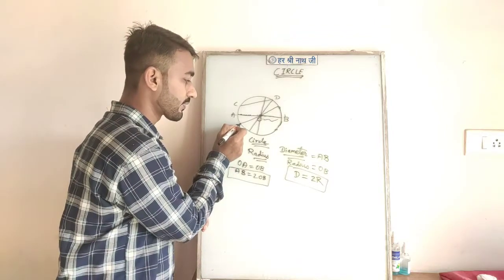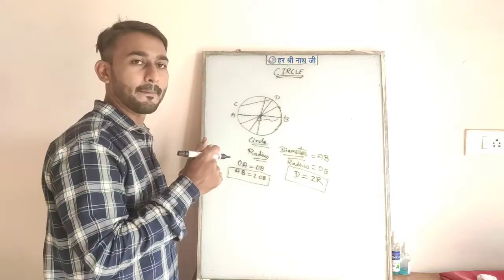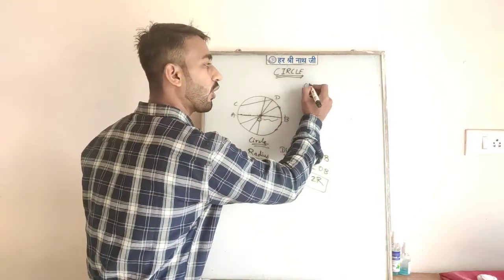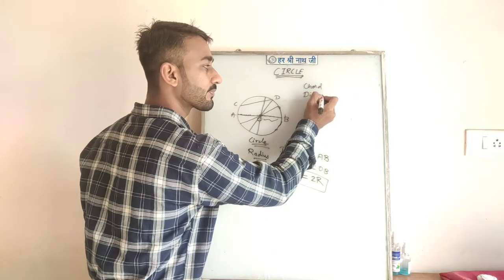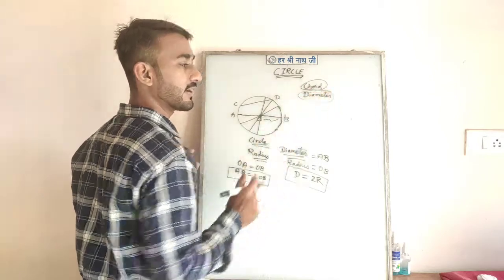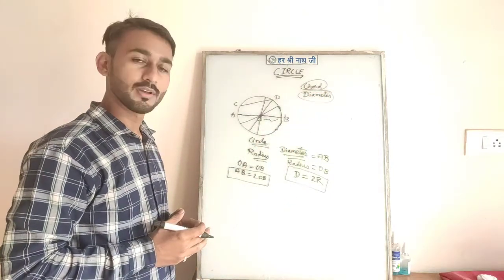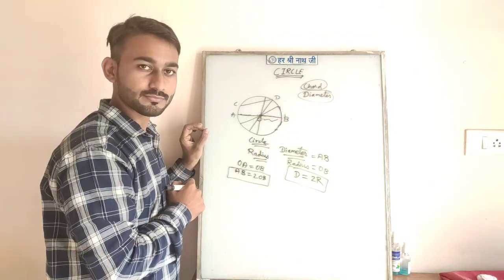Now the main thing that we have to focus on is the difference between a chord and a diameter. Okay, chord is different, diameter is different. How? Suppose we take the example of chord CD.